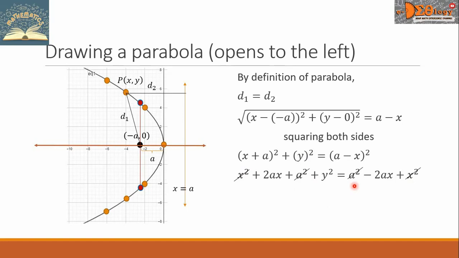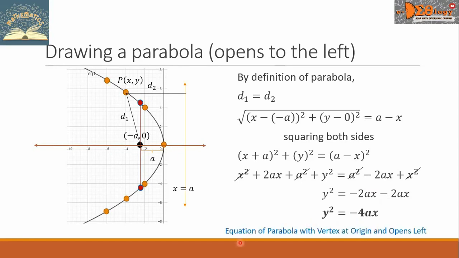Now let us simplify further. This positive 2ax we will transpose to the right. So we have y squared equals negative 2ax and another negative 2ax. Combining the terms on the right side, we have y squared equals negative 4ax. This is now the equation of the parabola with vertex at the origin that opens to the left.